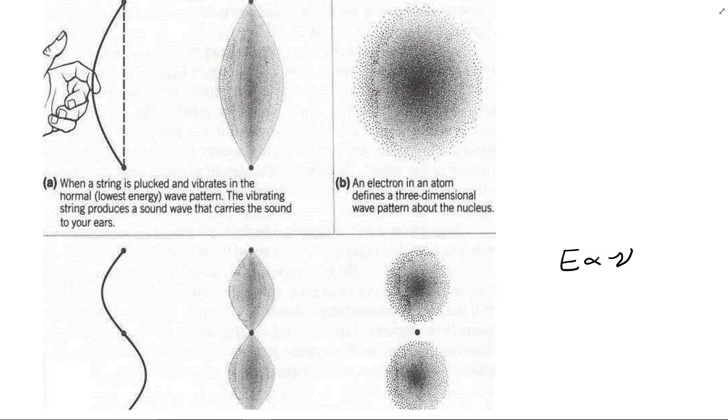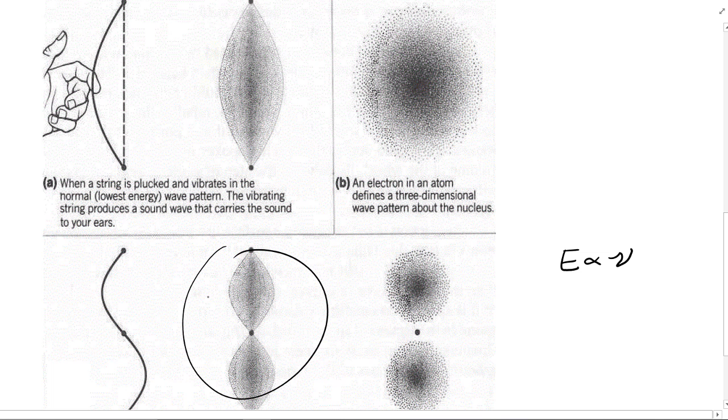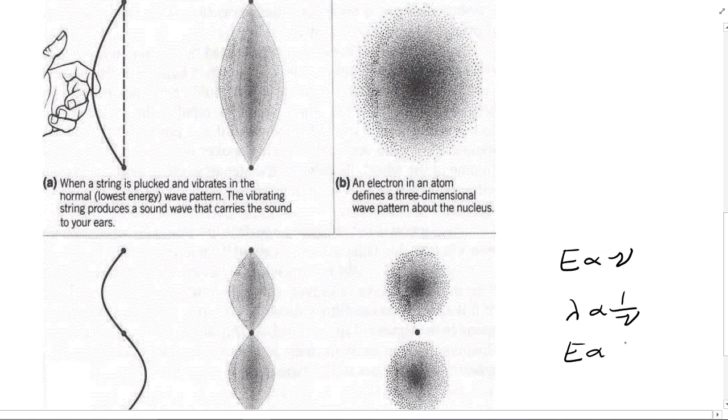So with this one being a longer wavelength and this one down here being a shorter wavelength, as we started with today, what is the relationship between wavelength and frequency? It's an inverse proportion. So we can make some conclusions then, that the energy is inversely proportional to the wavelength, or vice versa.